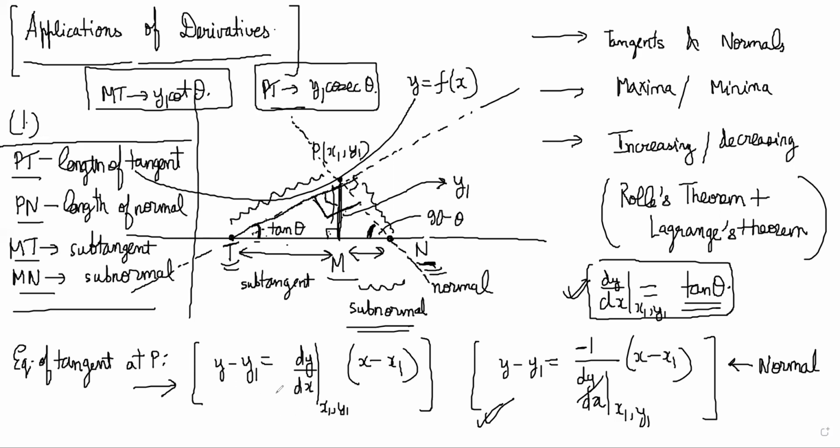Sir, what's the significance of subtangent and subnormal? There is no significance. It is just a term that was there before. I mean, there must have been some reason why they were formed initially, the name, but I think it will have something to do with conic sections and all.